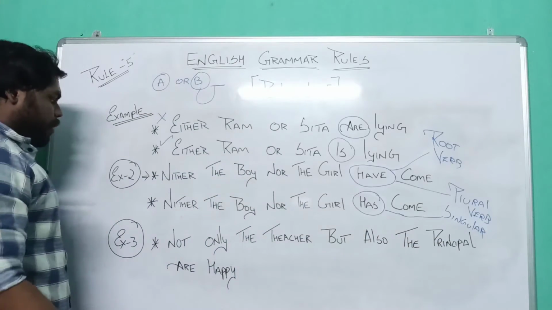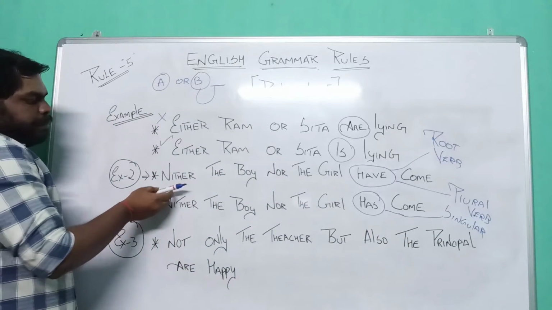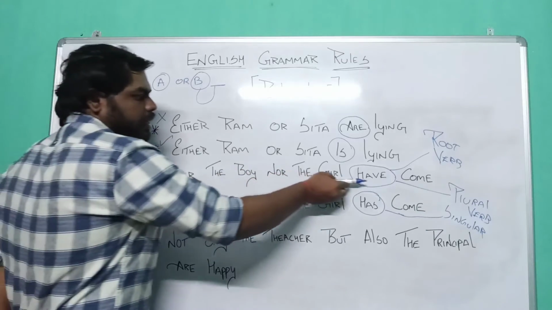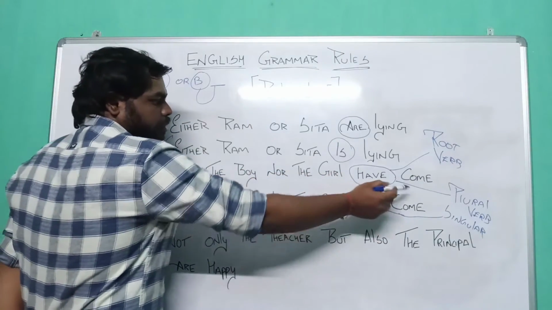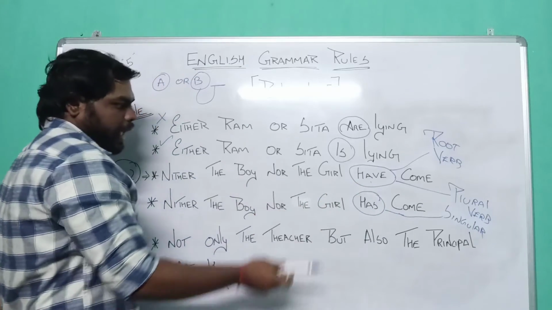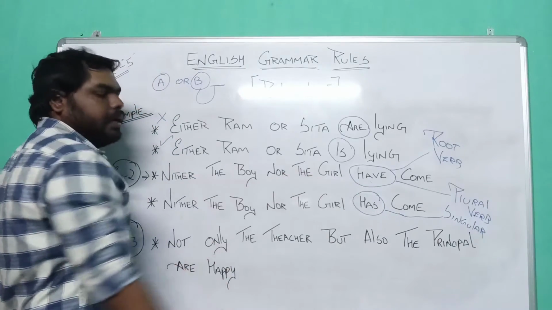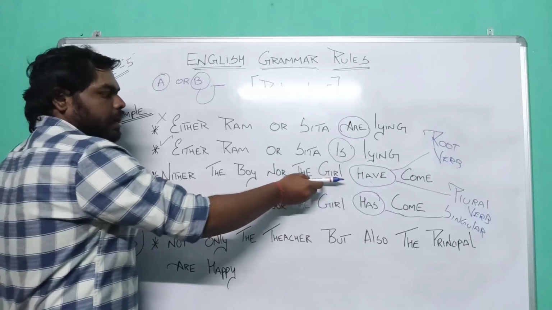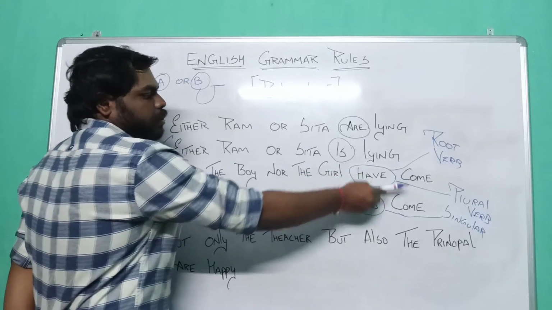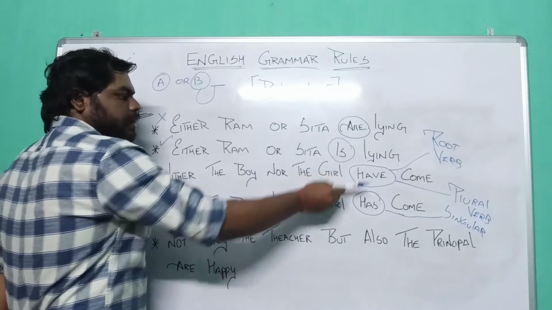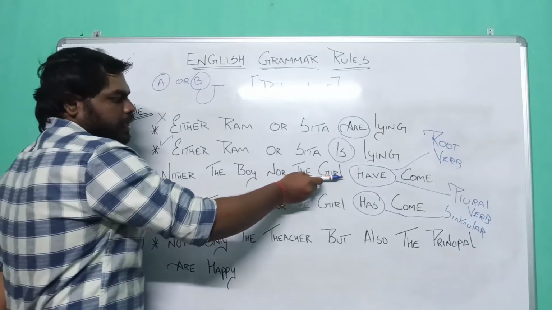So now let us get back to the example. Neither the boy nor the girl have come. Here, as I told you before, have is a plural form of verb, and the girl is singular. The subject is singular and the verb is plural, so there is a mismatch here. The right form should be singular.